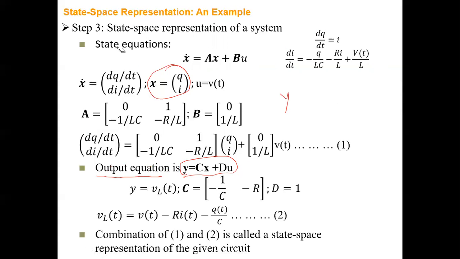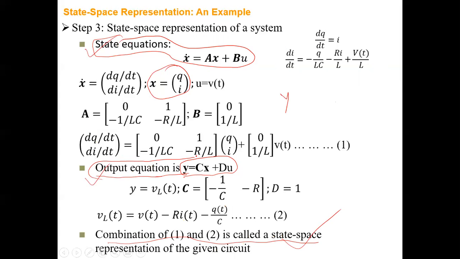This is the state equation and this is the output. The combination of state and output is called state space representation. Once we have both of these, we are done. So we are done with state. Now let's do the output, then we are done.